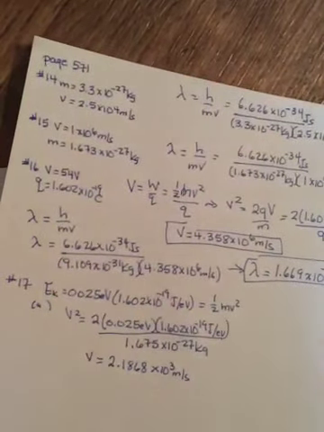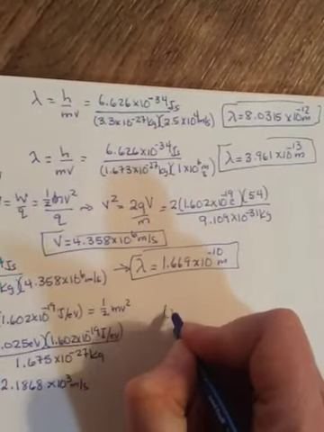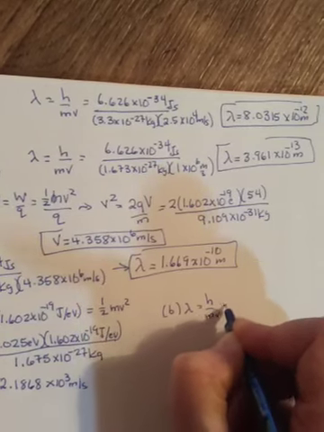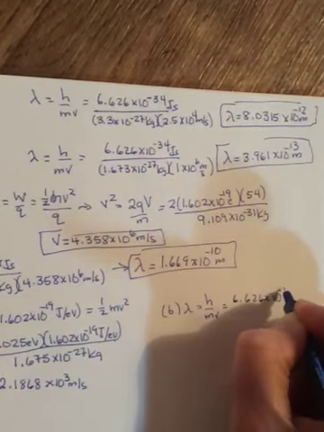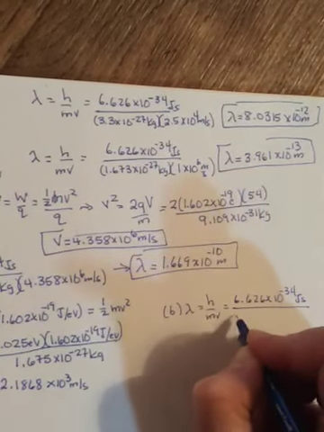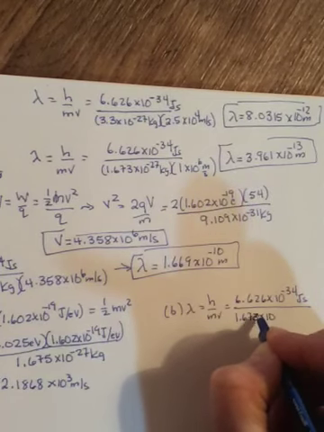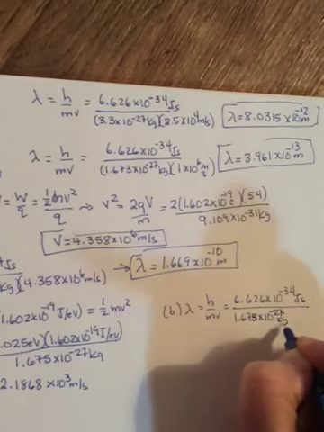Part B says, what is the de Broglie wavelength? So then lambda equals h over mv. So 6.626 to the negative 34 joule seconds. m is 1.675 times 10 to the negative 27 kilograms.